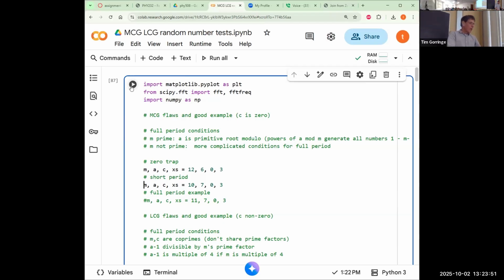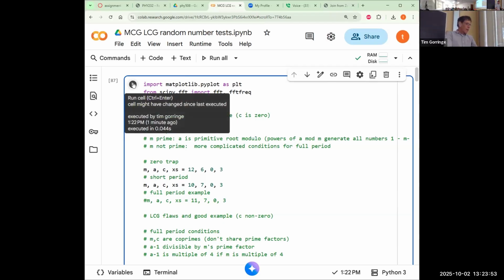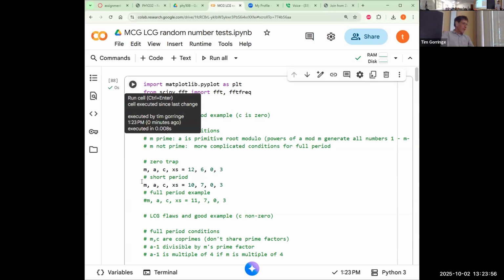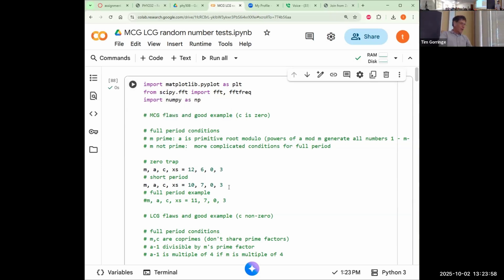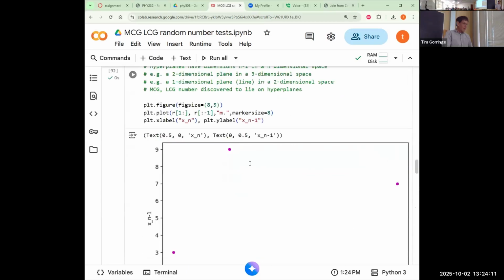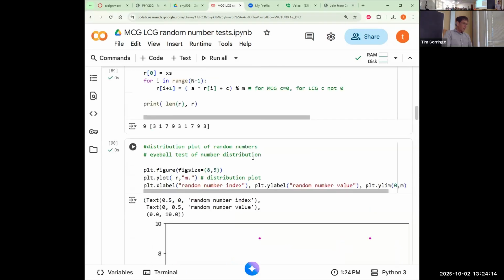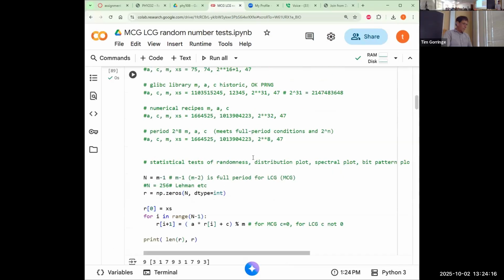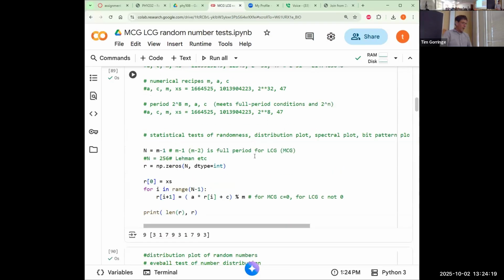Here's another set of numbers. Again, it doesn't fulfill the full period conditions. M is not prime, for example. So if I run this, here's my sequence of random numbers, and this is one where that value of the multiplier is not a primitive root.